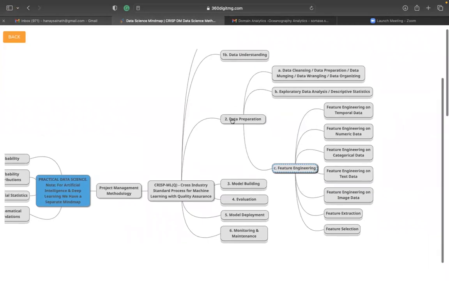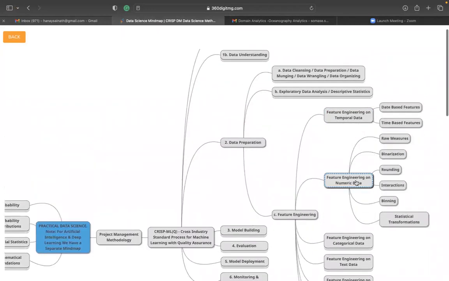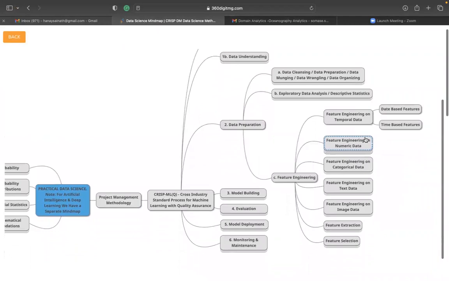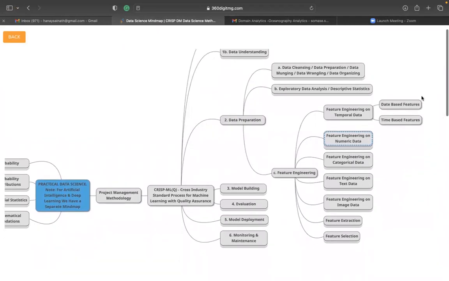In feature engineering, first we have feature engineering on temporal data. In the temporal data, we have date-based features and we have time-based features also.